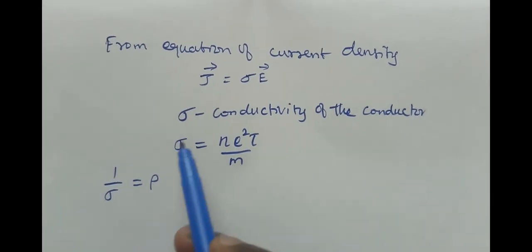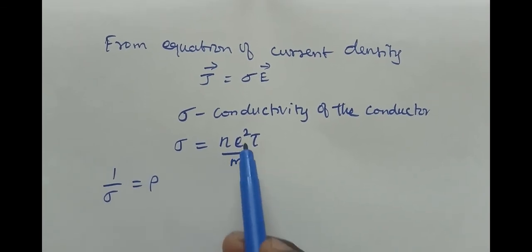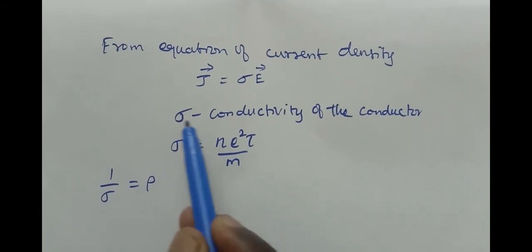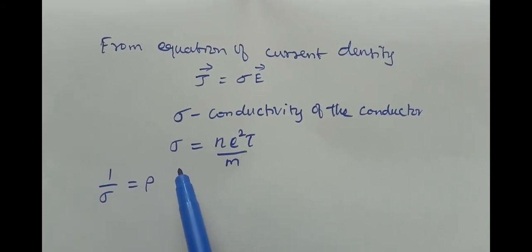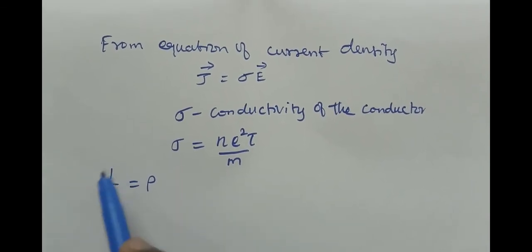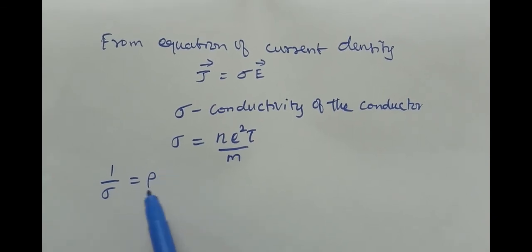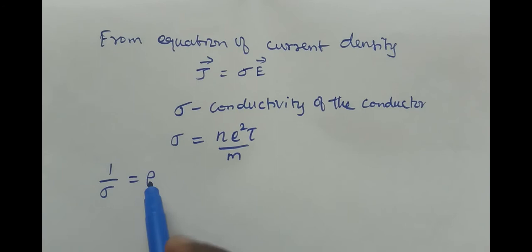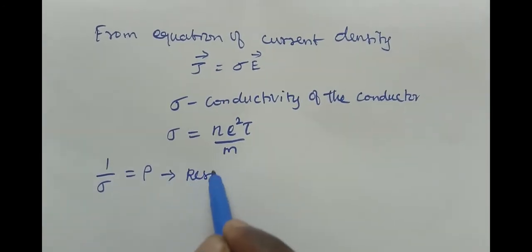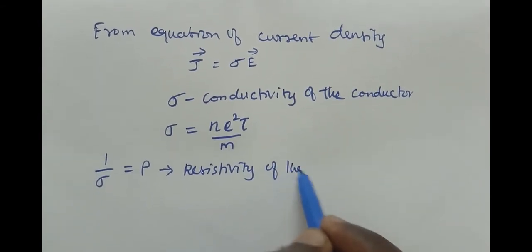And write the value of conductivity. Sigma is equal to n e square tau divided by m. Now the reciprocal of the conductivity is called the resistivity of the material. So students, the reciprocal of the conductivity, 1 by sigma, is equal to the resistivity of the material. It is denoted by rho. This is called resistivity.